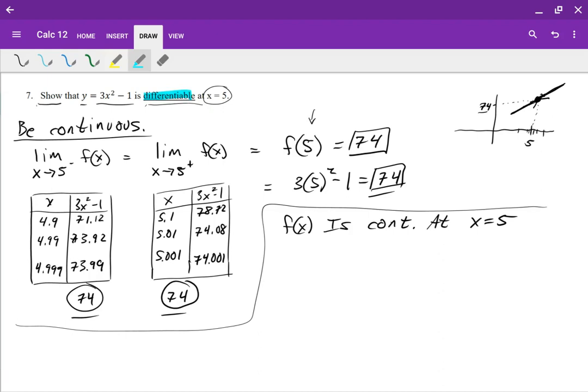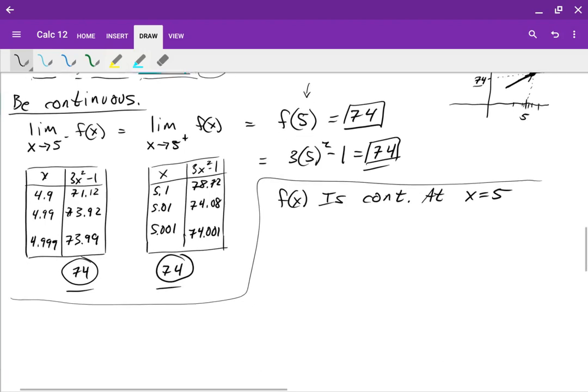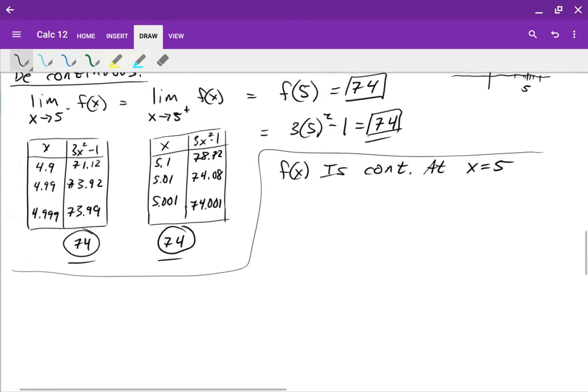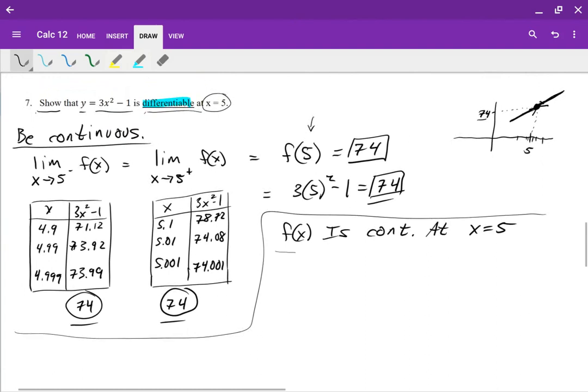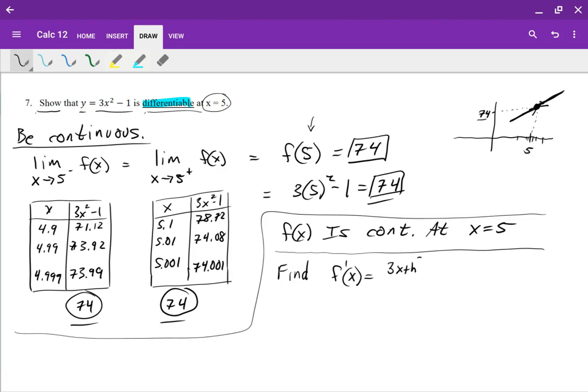Is it differentiable? To determine differentiability, we have to do a further step, and we have to first find the derivative. So I'm going to go ahead and find f prime of x, which is going to be 3 times (x plus h) squared minus 1.